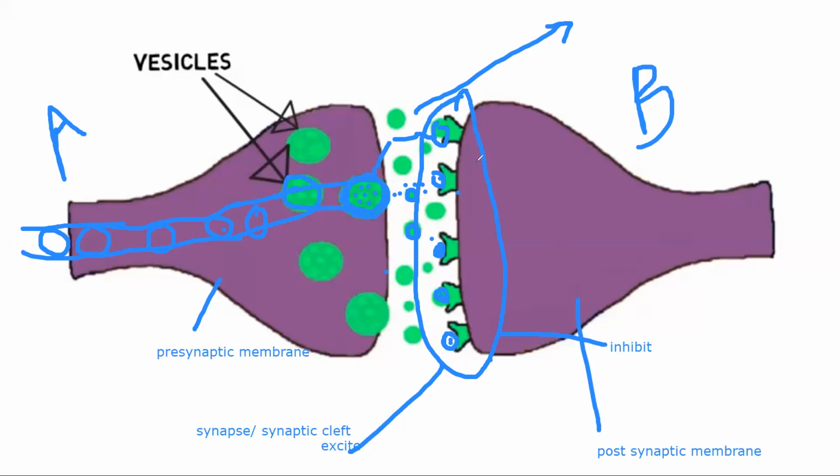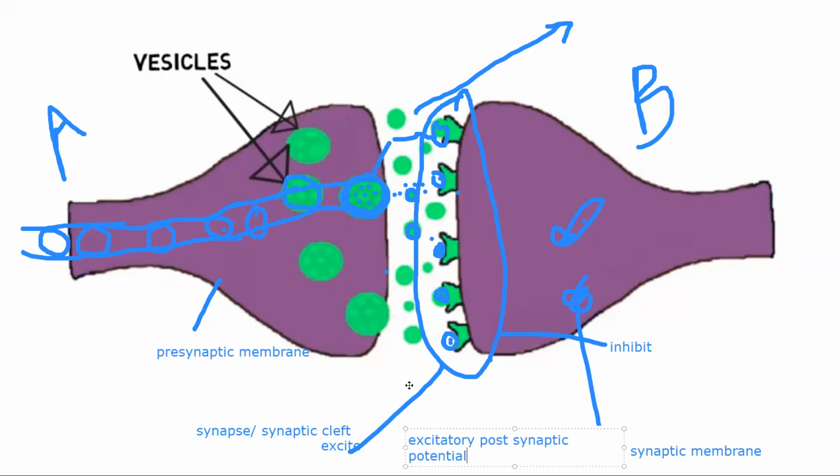So the moment it excites the receptors, then it will either excite this neuron or inhibit this neuron. So when it excites neuron B, we call it excitatory postsynaptic potential.